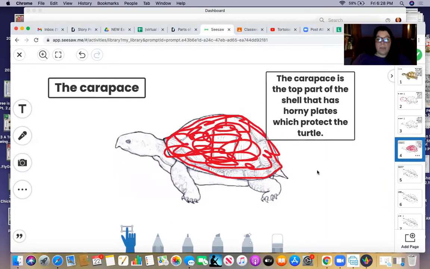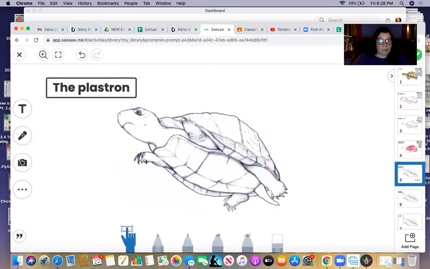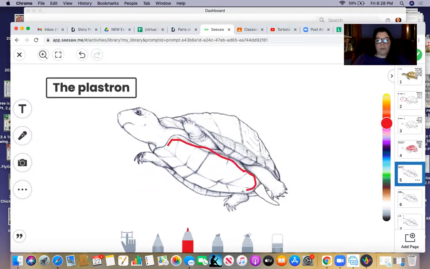The carapace. The other part of the shell is the plastron, and that is the under part of the shell, also used for protection.